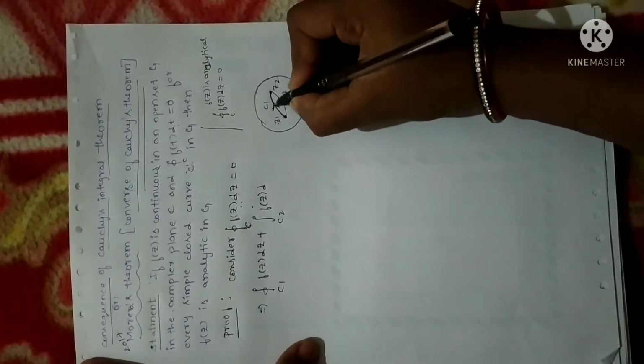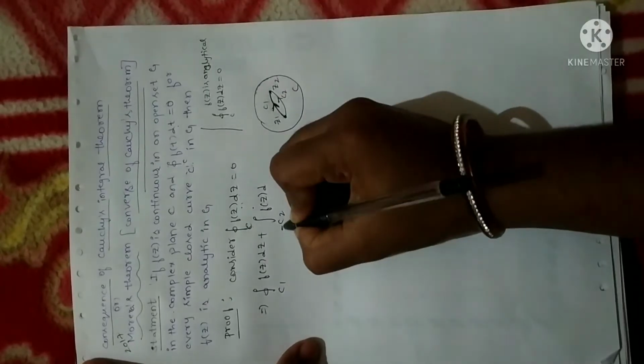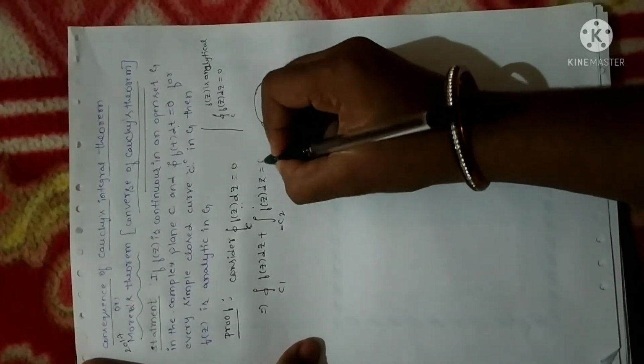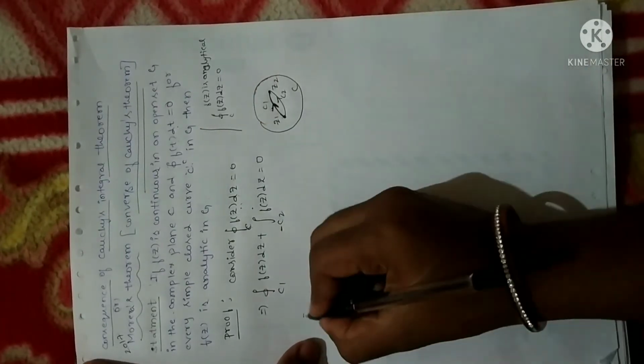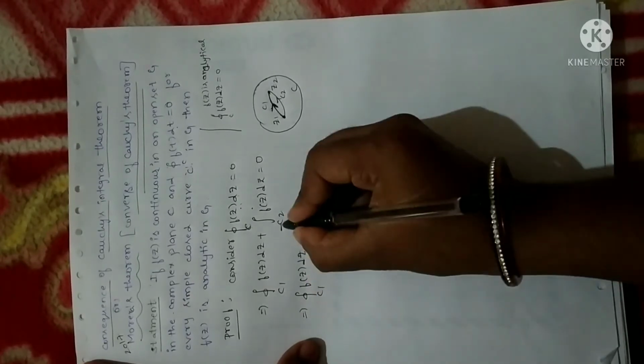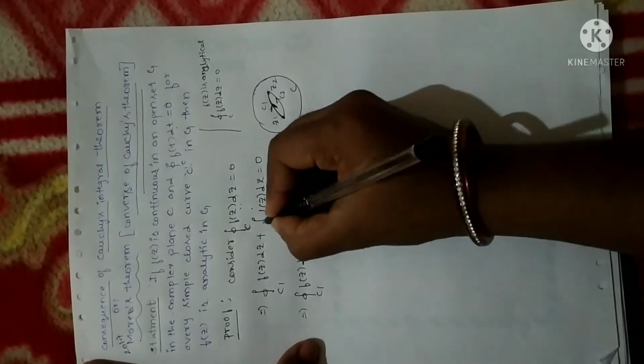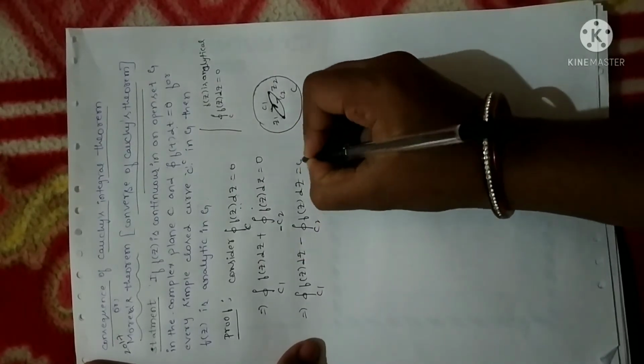You can look at the direction of the arrow. So from z1 to z2, C1 is in this direction, whereas C2 is in the opposite direction. So that is why I have to put a minus sign here. Fine. Now as per the properties of integrals, I can shift the negative sign into the integral sign, so that I get the integral over C2 of f of z dz, which is equal to 0.